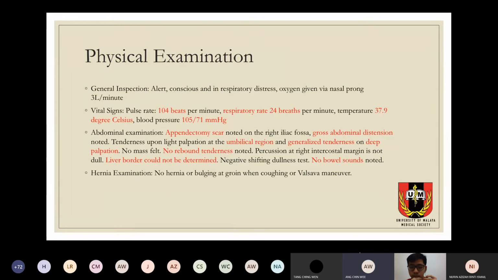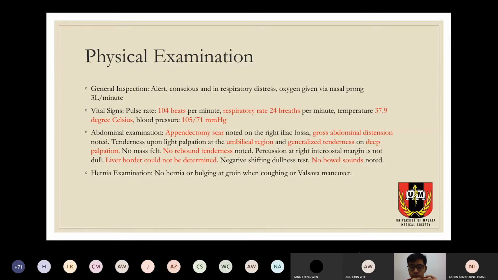Okay, so moving on to the abdominal examination. On inspection, an appendectomy scar can be noted on the right iliac fossa. Gross abdominal distension is noted also. Tenderness upon light palpation at the umbilical region, and generalized tenderness on deep palpation everywhere.